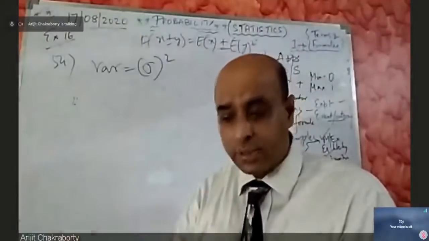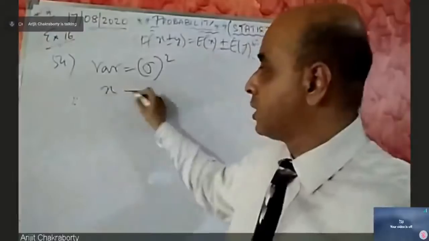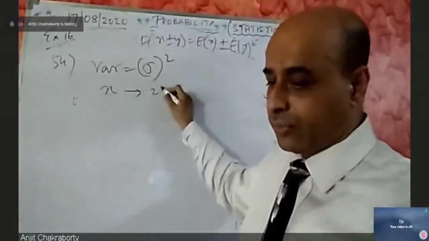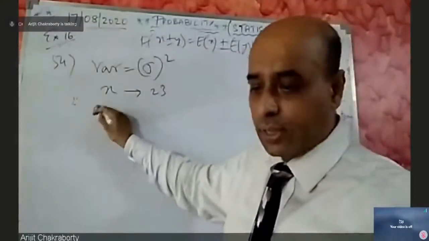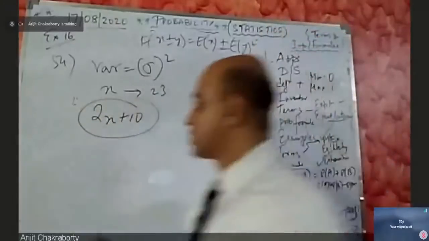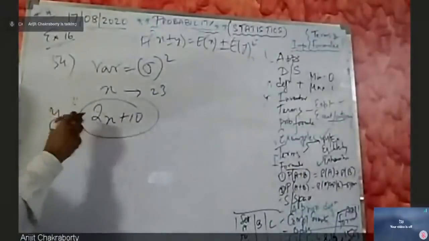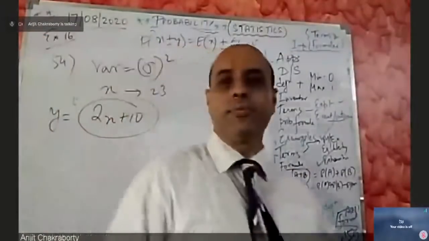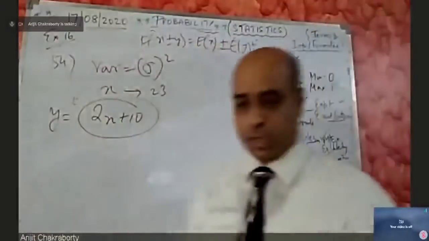Now, if the variance of a random variable x is 23, then what is the variance of 2x plus 10?